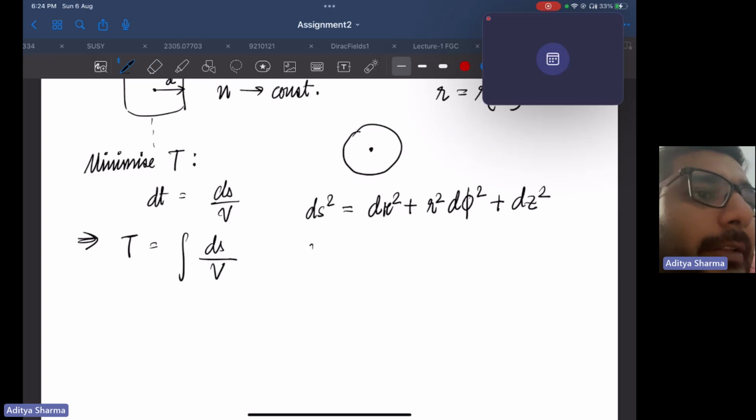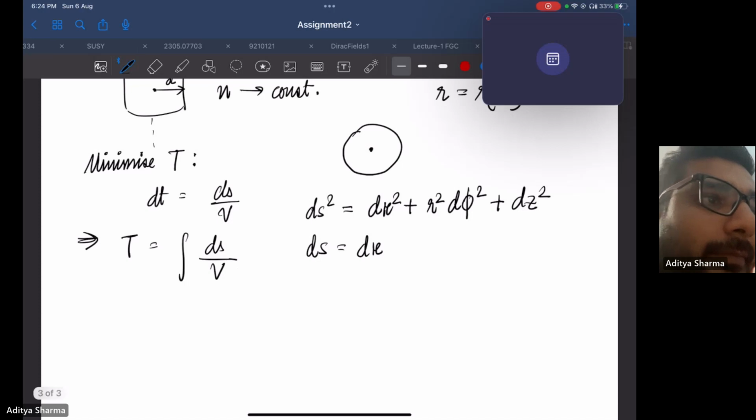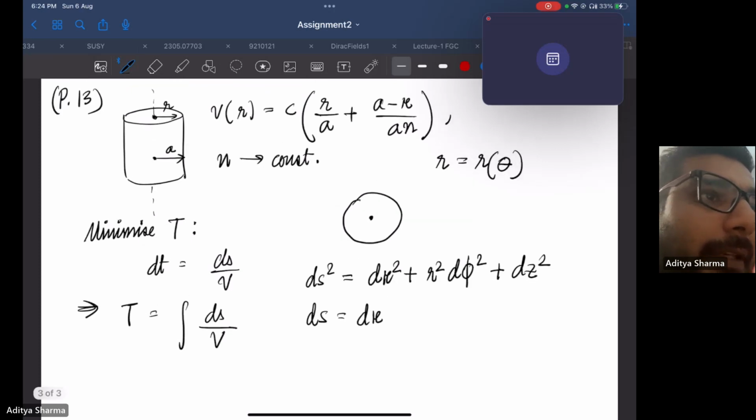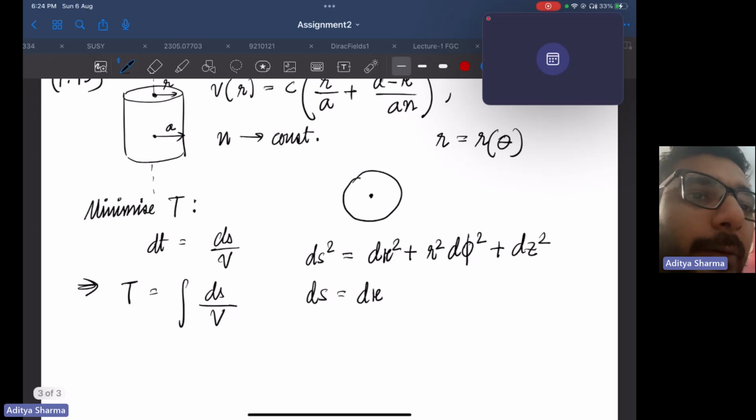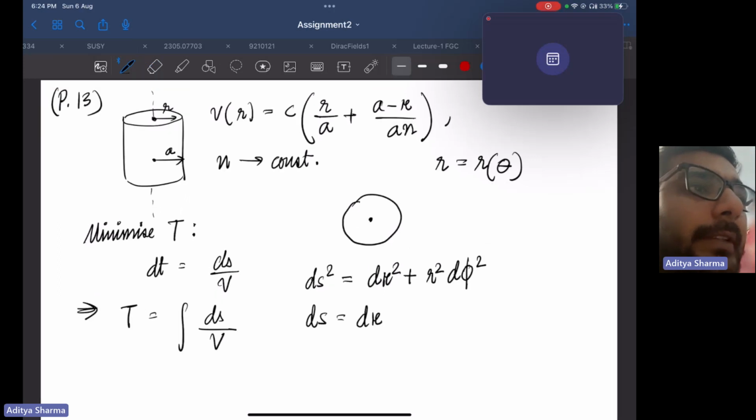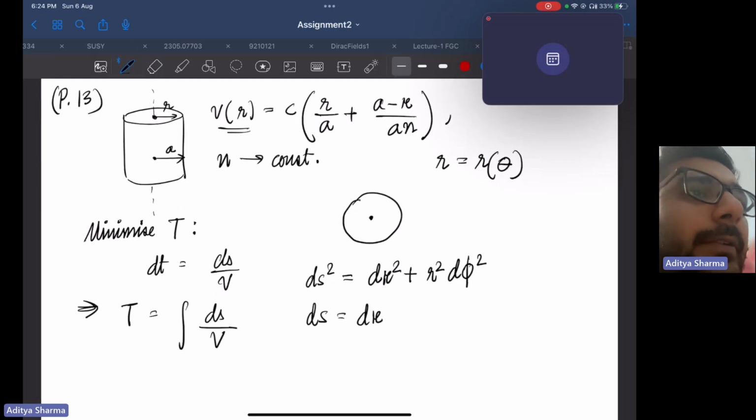So from here, I'll write ds in terms of dr. Well, let me ignore this coordinate. It's just going to make it difficult. Let's do it like this only, because there's a symmetry in z. This does not depend on z, so we can just treat it as a disk and work on it.